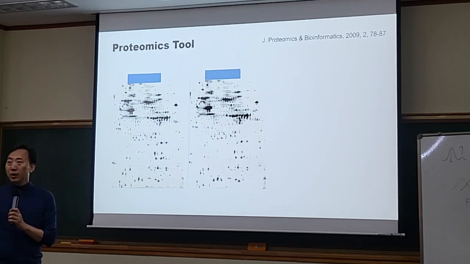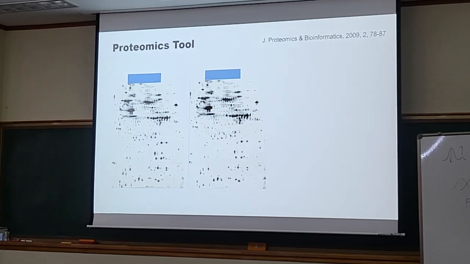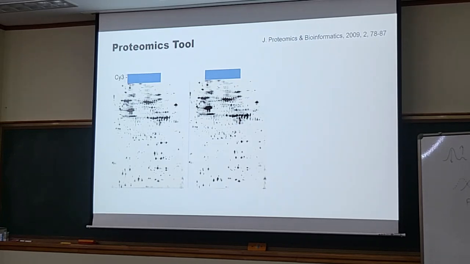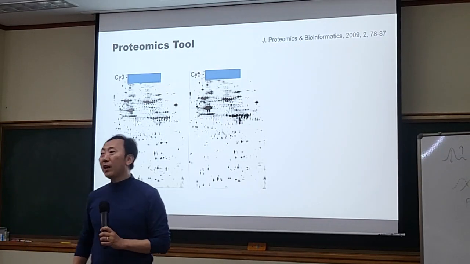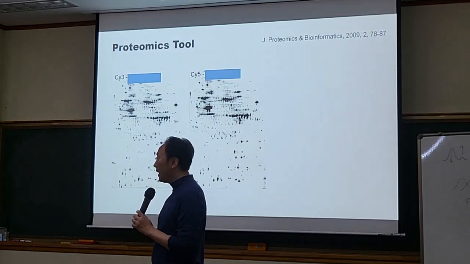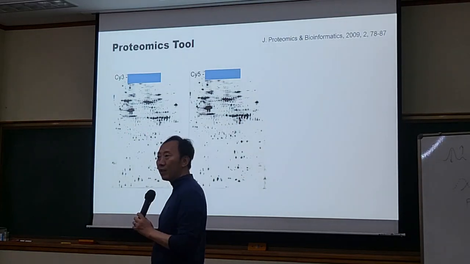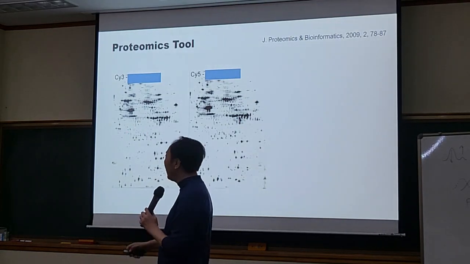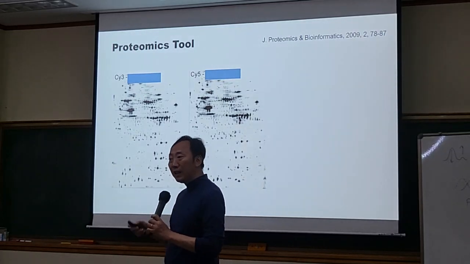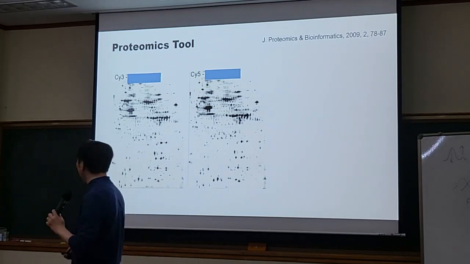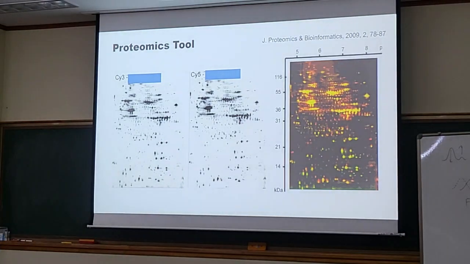One trick: after you get those protein sets, you can label all the proteins with one color of dye, the other protein set with another color of dye, mix those samples and run them together. Then at least batch-to-batch variation you can minimize. Assuming that the size of the dye is much smaller than the protein, they do not interfere too much, then you can get this kind of image.